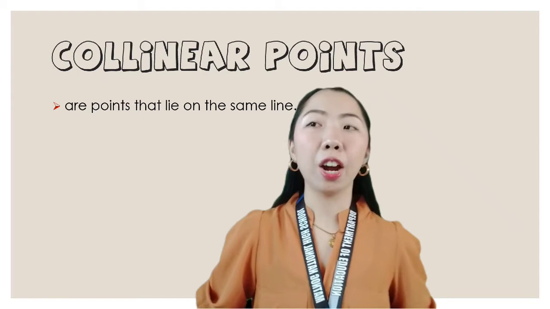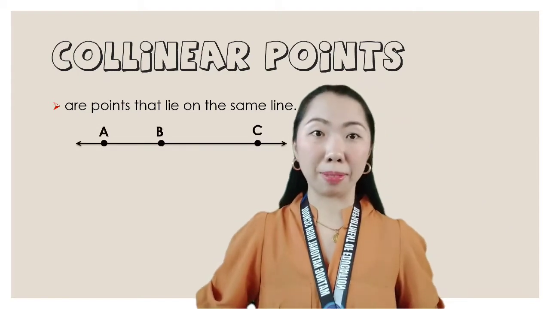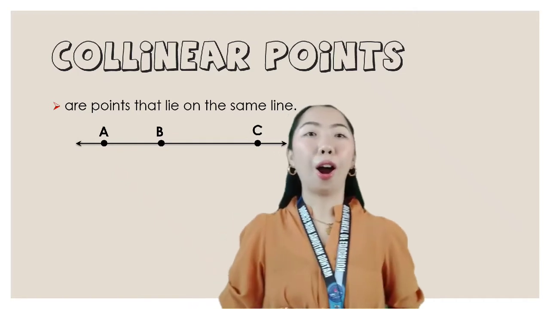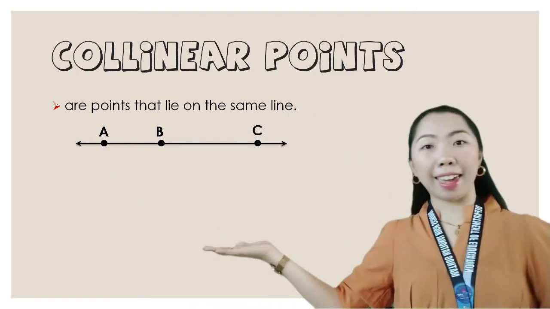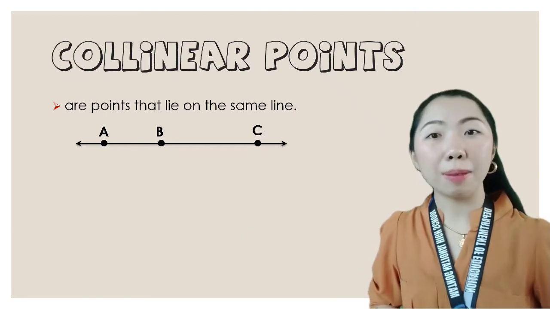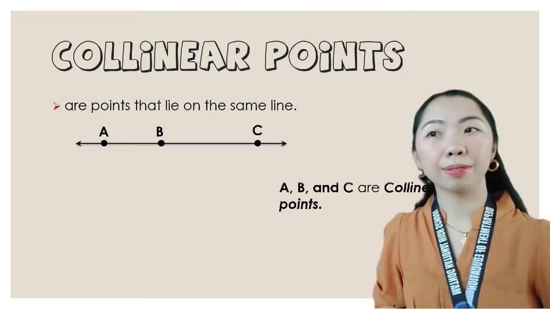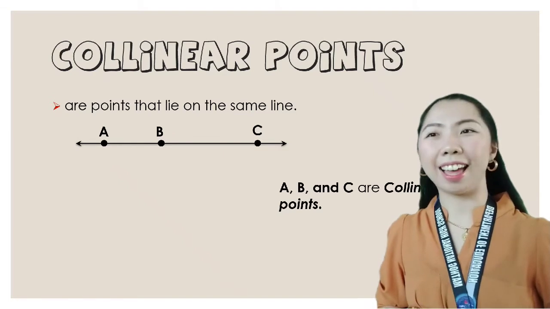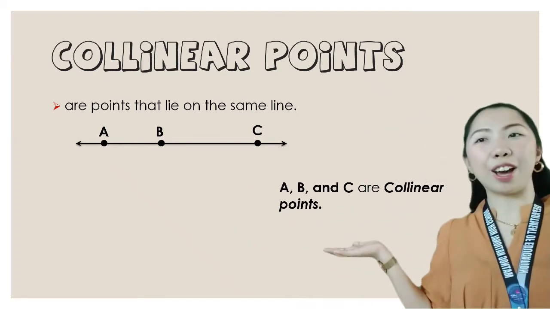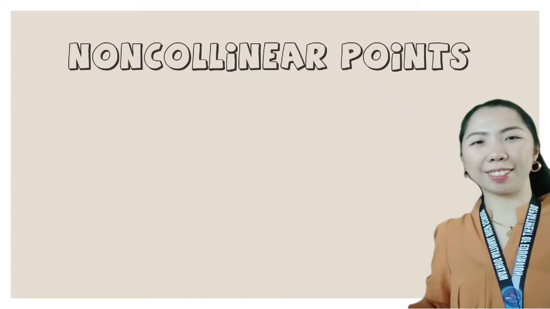Yes, they are points that lie on the same line. Just like for example this one. Do points A, B, and C lie on the same line? Yes. Therefore, A, B, and C are collinear points.